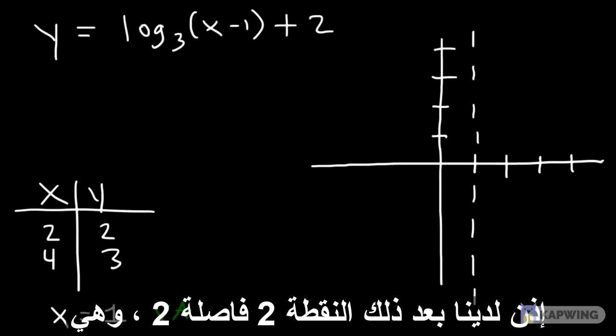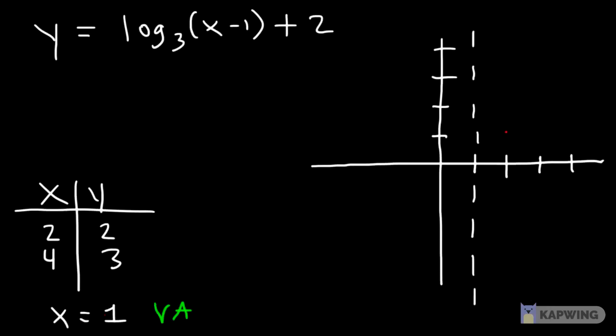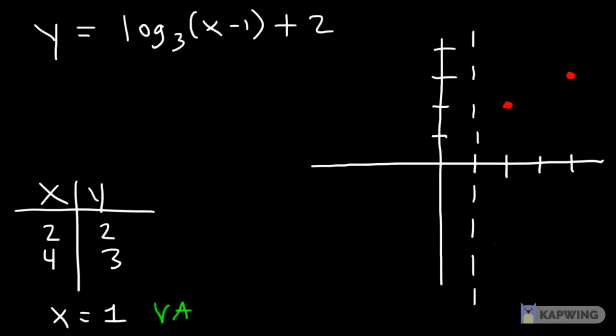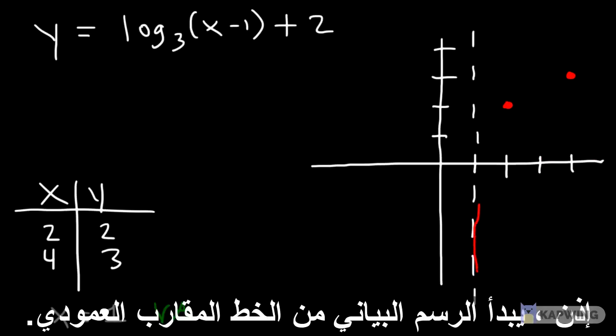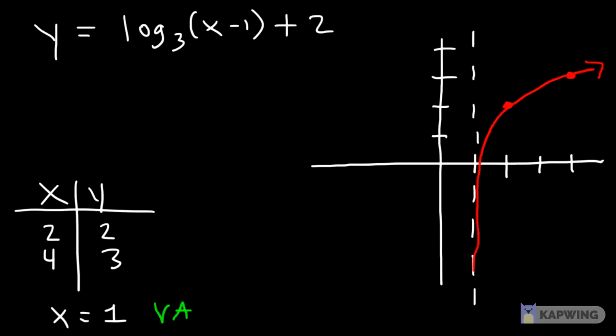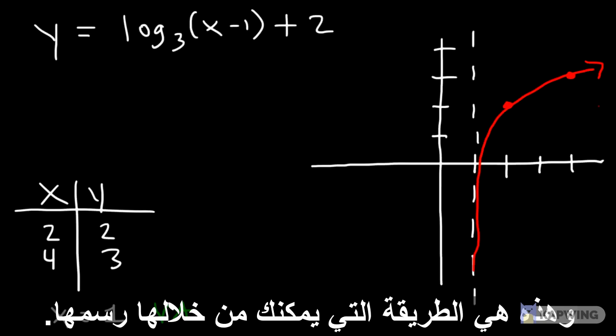Next, we have the point 2, 2, which is not there, but here. And then we have the point 4, 3, which is there. So the graph starts from the vertical asymptote, and then it increases towards those points. And so that's how you can plot it.